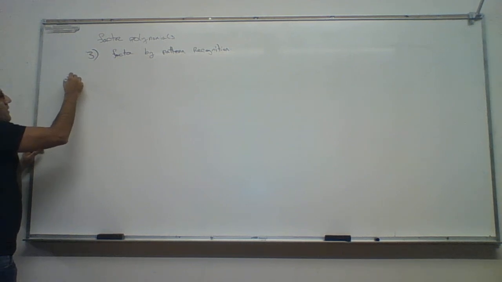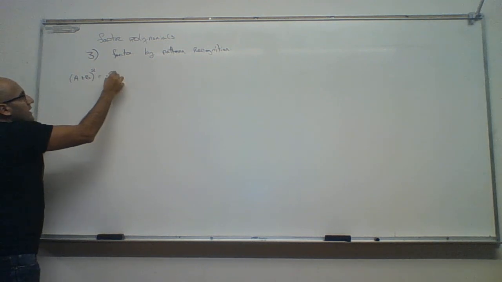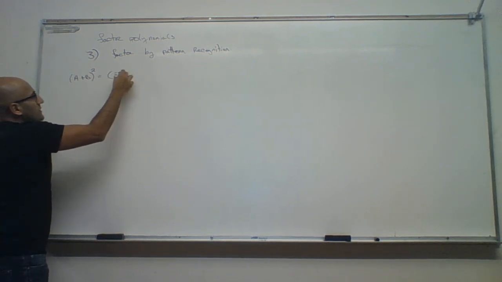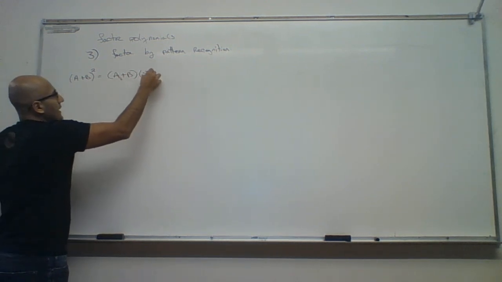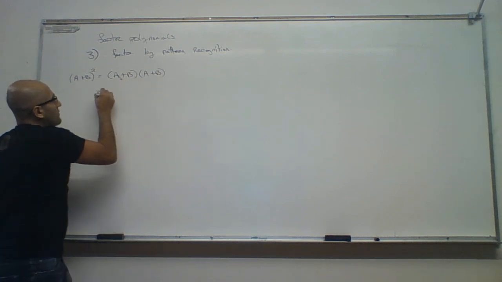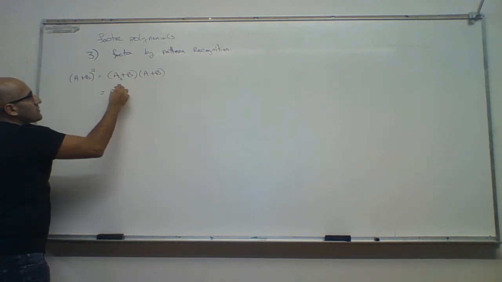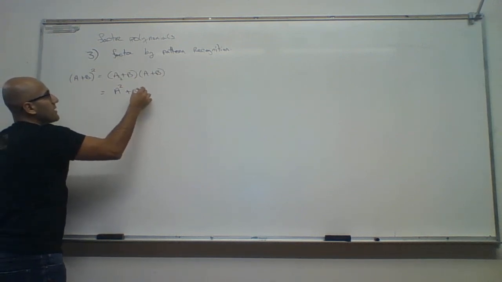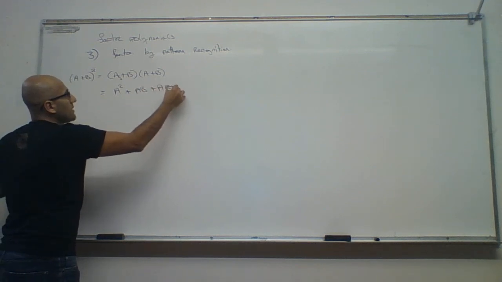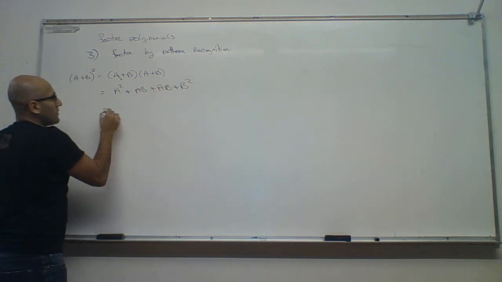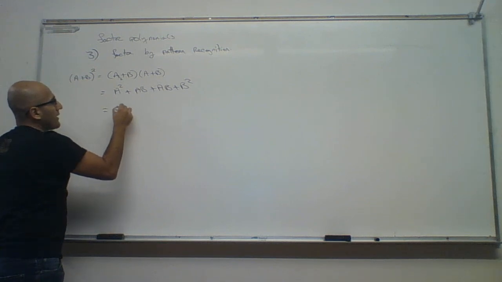If we had something like a plus b squared, we know that that's from multiplication, that's a plus b times a plus b. And then when we FOIL that all out, we get a squared plus ab plus another copy of ab plus b squared. And then the middle 2 combine to give you this.